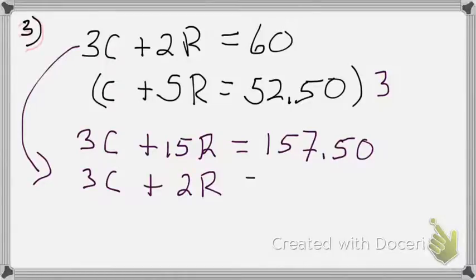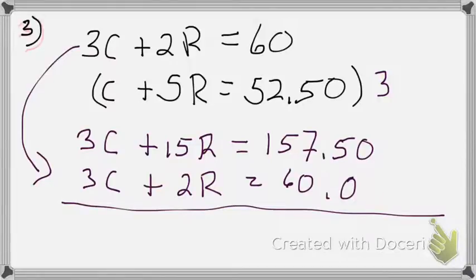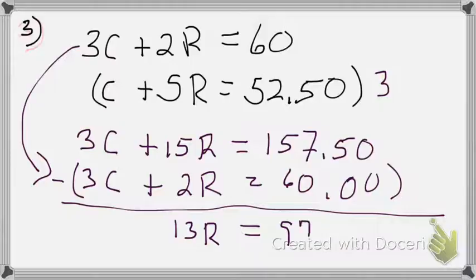3C plus 2R equals 60. Now 3C minus 3C is 0, and 15R minus 2R is 13R. And that equals 97.50.